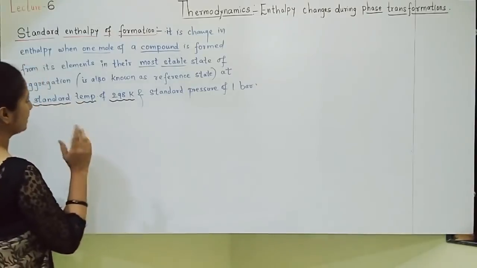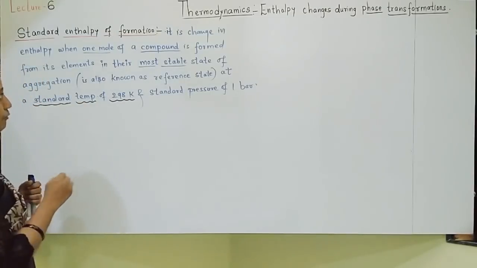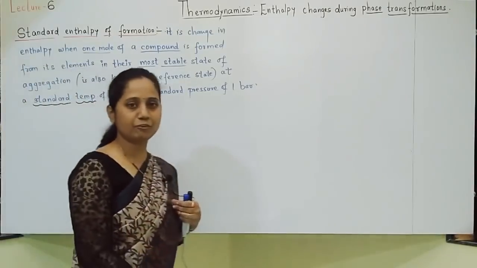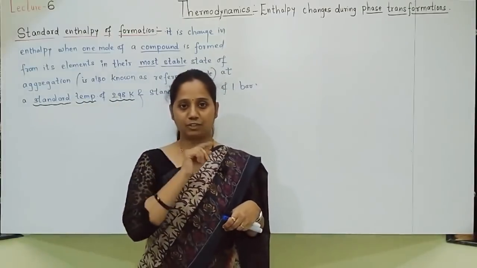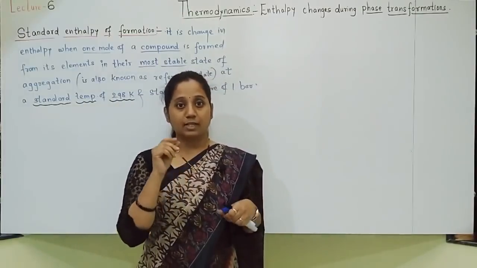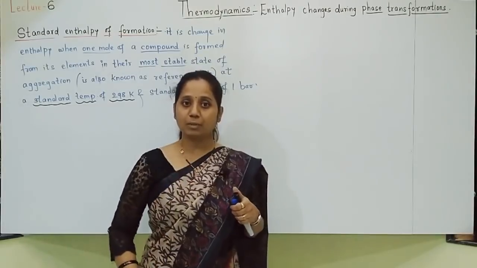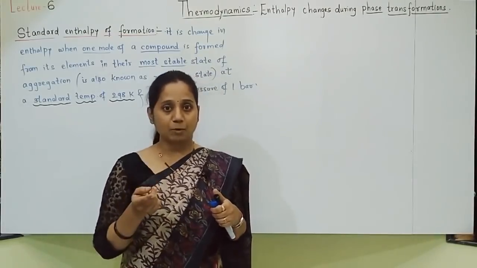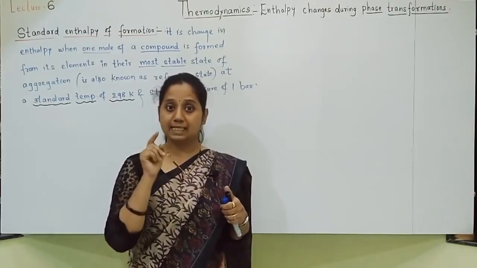First, let us understand the definition of standard enthalpy of formation. I told you a very simple way to remember it. It is the change in enthalpy when a compound is forming. How much compound? 1 mole from its elements.